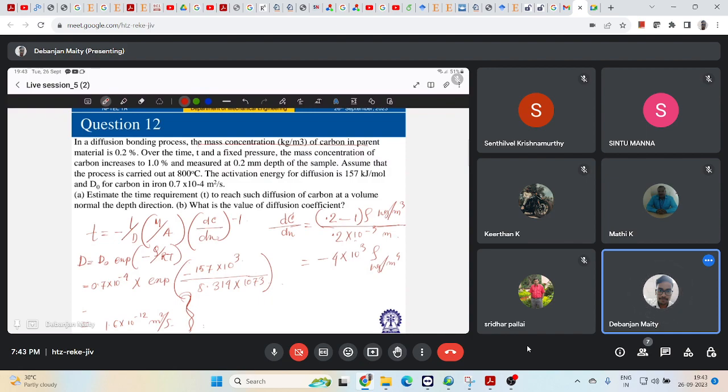What else do I need? We need the m by A value, correct? Now m is my mass, right? Mass is A into depth into rho, so rho into volume, correct?